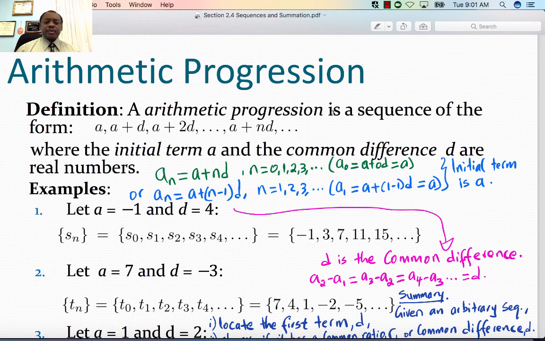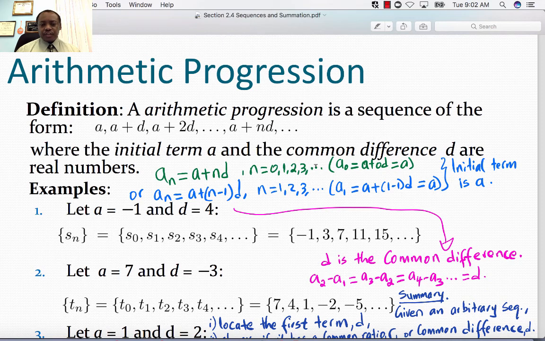An arithmetic progression is a sequence of the form A, A plus D, A plus 2D, and so on, A plus ND. Or let me just define it in general. An arithmetic progression is a sequence where the term in n is an equals a plus n times d. In this case, n goes from 0, 1, 2, 3, and so on.